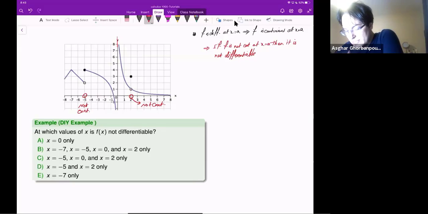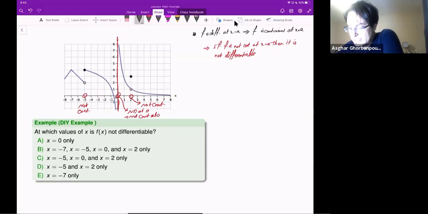If you're not careful, you won't notice that the function is not defined at 0. Not defined at 0 means it is not continuous there. This way, we found at least 3 points.